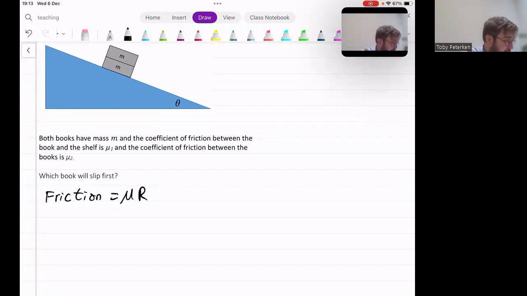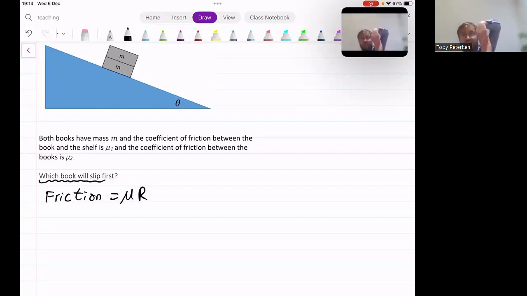And finally, how do we work out which one slips first? Because you either work out if they slip or they don't. So how do we interpret which book slips first? Well, this depends on the angle. If it was a completely flat shelf, neither will slip.